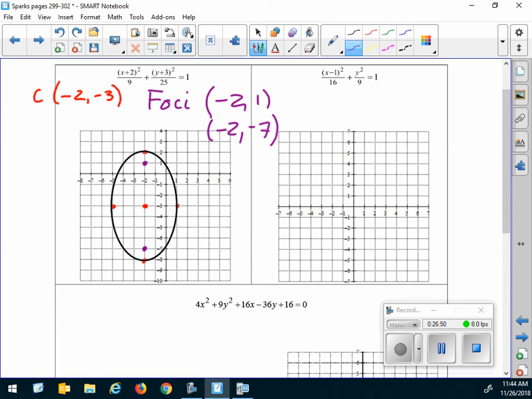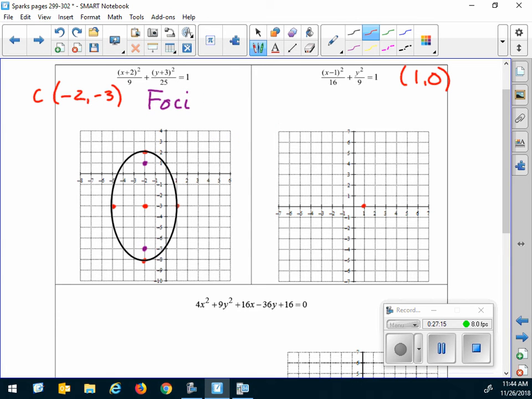Okay, let's try the same one. Do we need to do this one? Yeah, we need to do this one just because of the foci. Where's the center? 1, 0. Does the major axis run horizontally or vertically? Is the bigger number under the x's or under the y's?